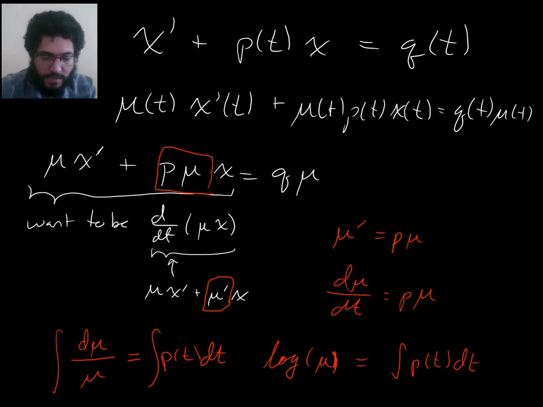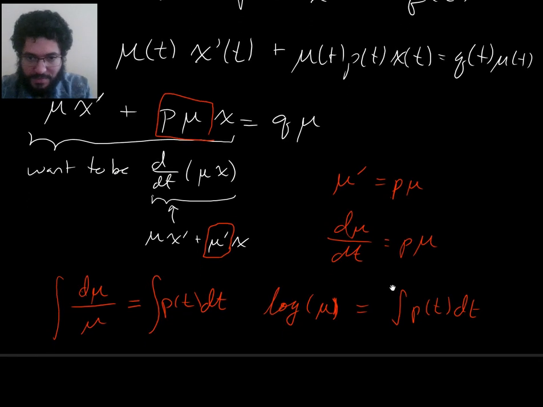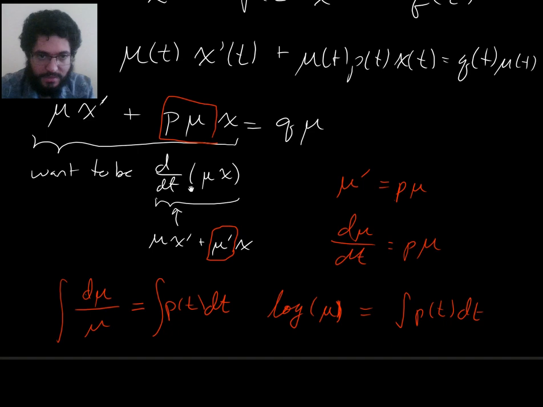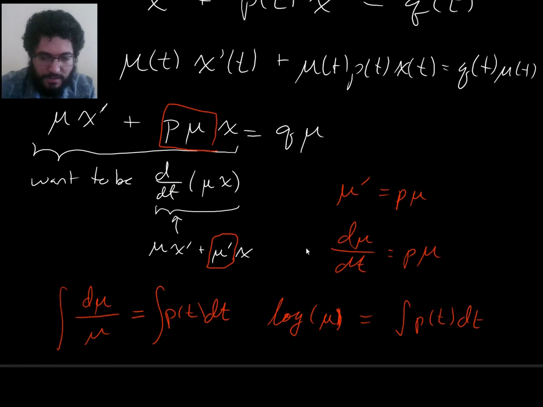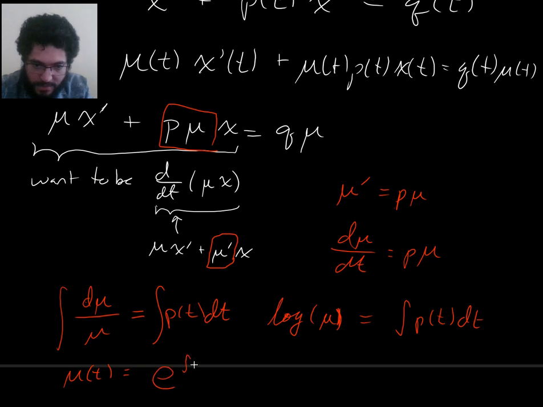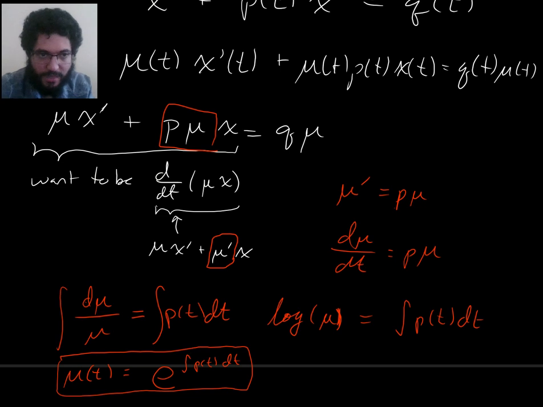And now if I don't know what p of t is, I can't really do this integral, but I can still just leave it as an uncomputed integral for the moment, just to describe the method in general. So if log of mu is this, then exponentiating both sides, mu is e to the integral p of t dt. So there's what mu is. So that's my integrating factor.